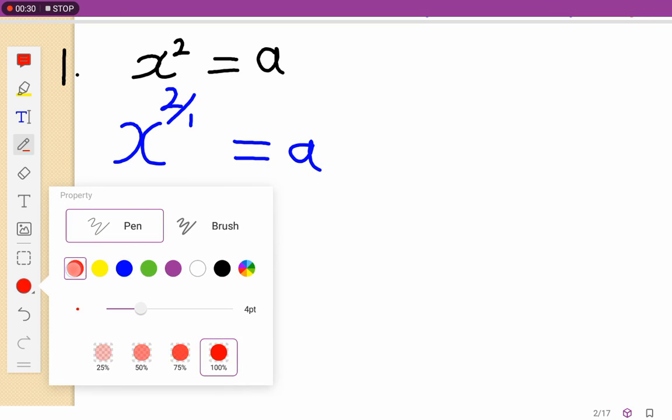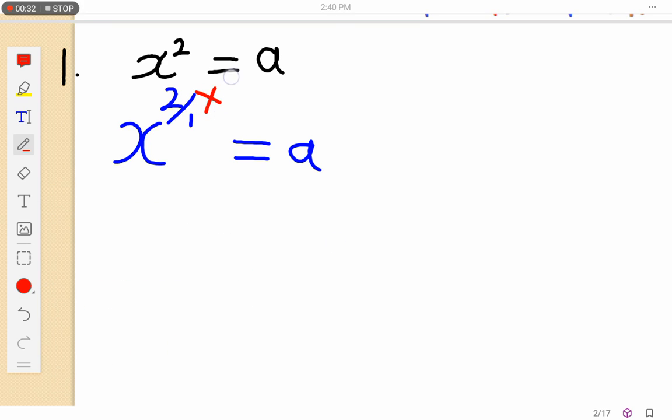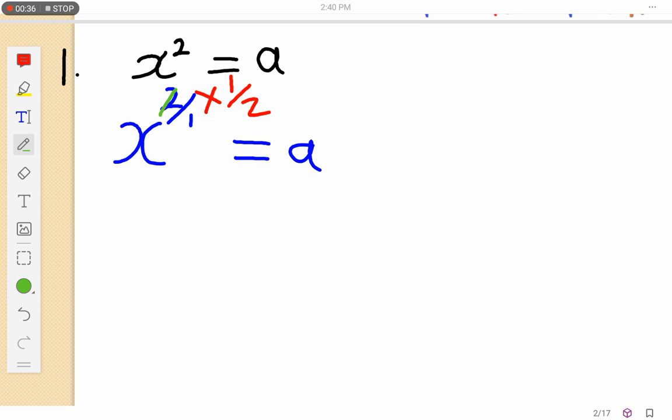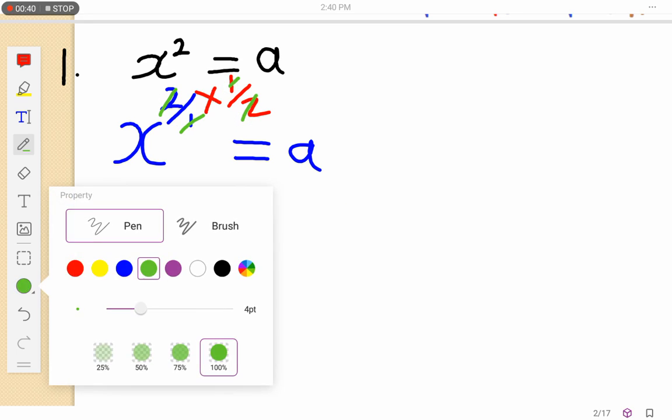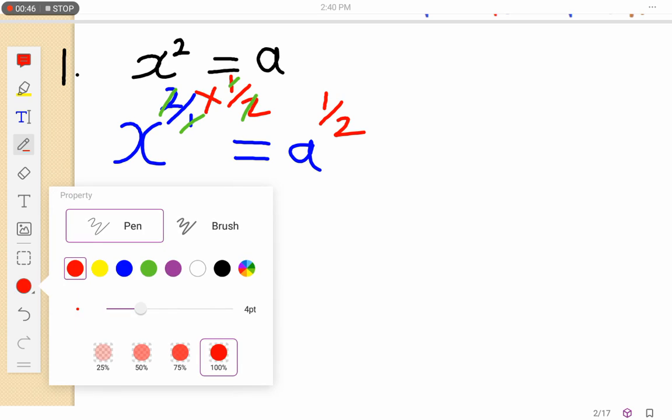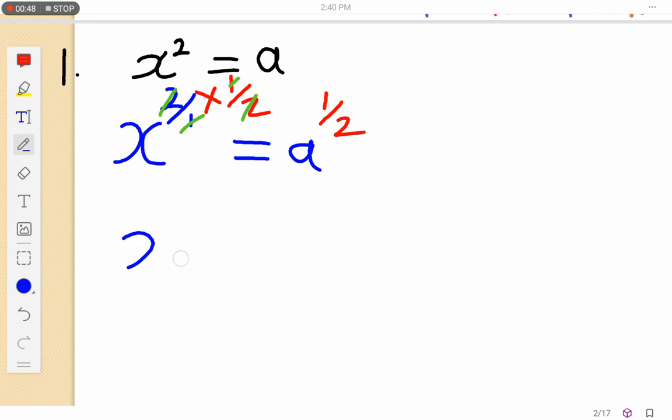To get our x, we multiply by 1 over 2, such that the 2 and 2 will cancel off each other and the 1 and the 1 will cancel off each other. So what we do on the left, we do on the right. So I'll also multiply by 1 over 2 there. So I'll get my x as equal to a to the power of half.